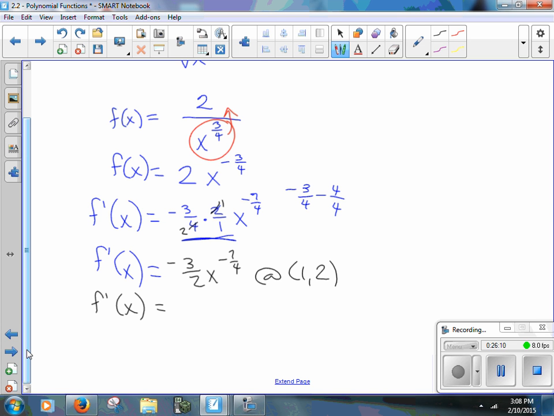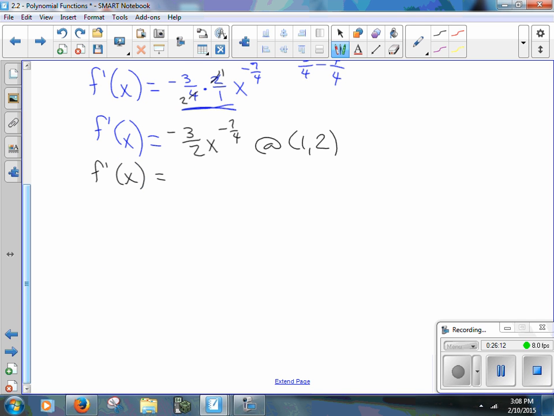Negative 3/2 over x to the 7/4. What root is it, the 7th root or the 4th root? The 4th root of x to the 7th. That's the best derivative you can give me.